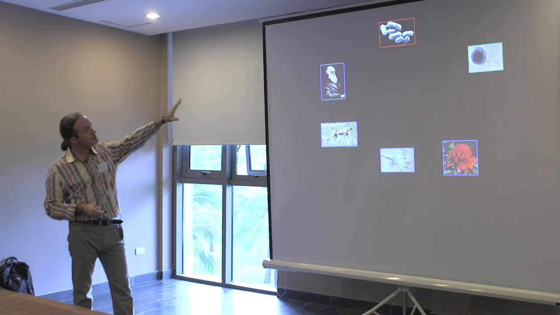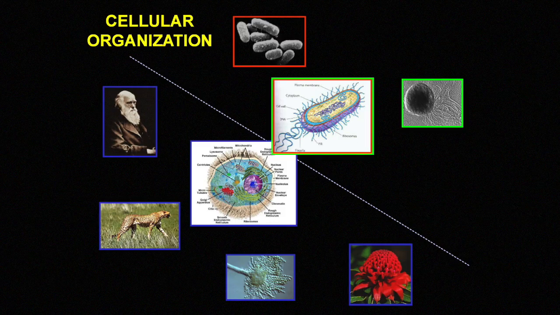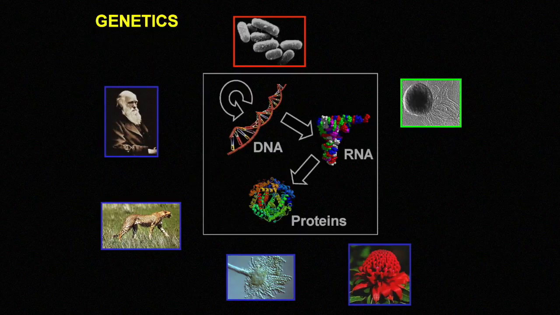If we compare the organization of these systems, bacteria and archaea have a prokaryotic nature, and all the eukaryotes are formed by eukaryotic cells. If we compare genetics, all of them are the same: DNA, RNA, proteins. If we compare metabolism, the core of the metabolism is common to all living beings.